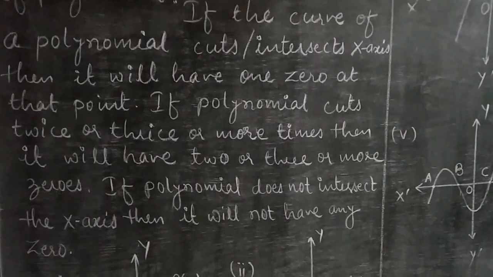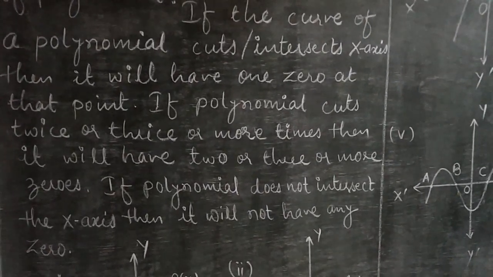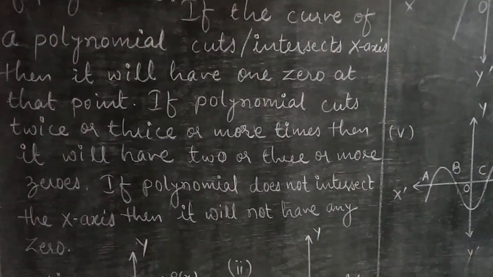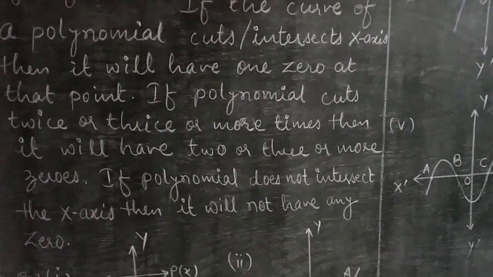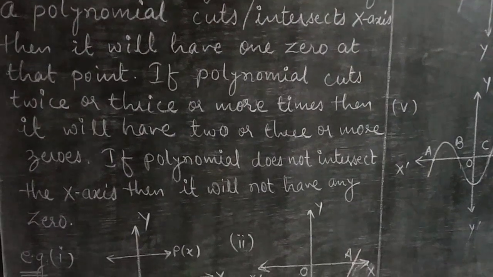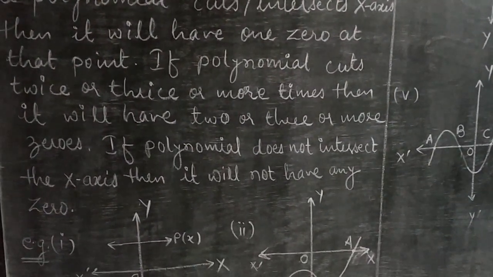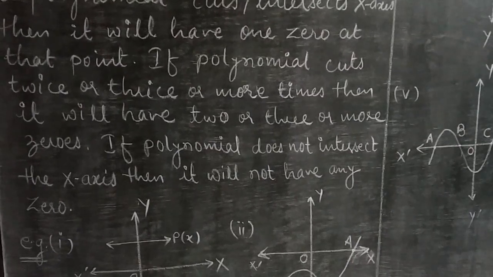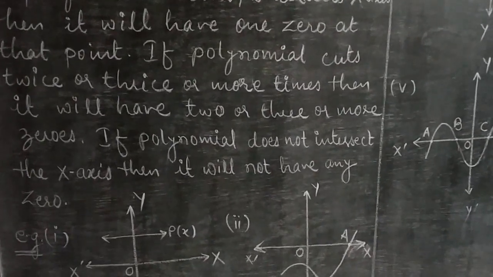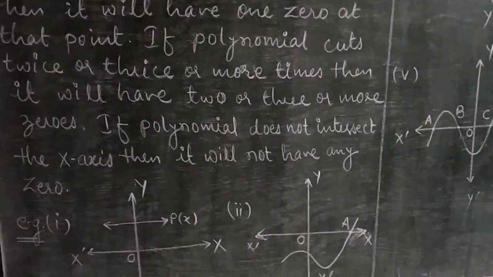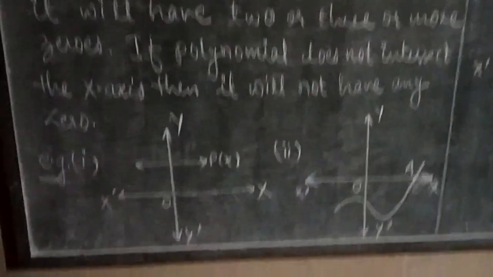But if the curve of the polynomial does not intersect the x-axis at any point, then it will have no zeros. Okay, so the number of points of intersection of the curve of the polynomial and the x-axis represents the number of zeros of the polynomial. Now look at the first example.